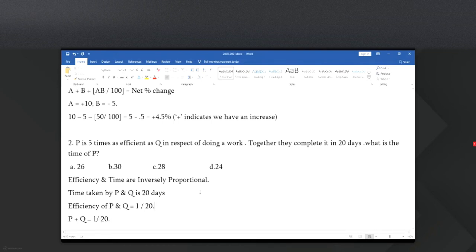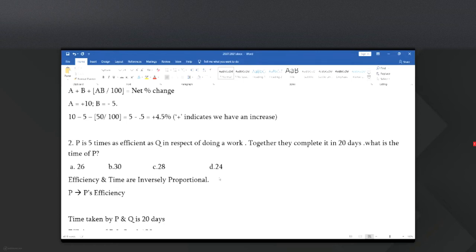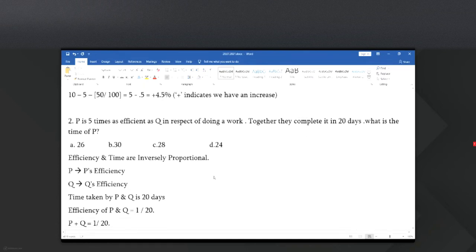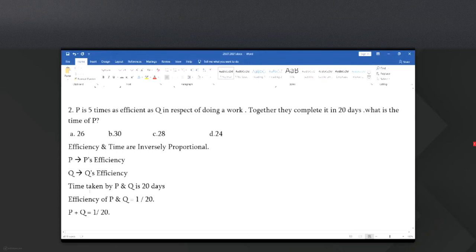I take P as the efficiency of P, and Q here represents Q's efficiency. So when I know the time taken by P and Q is 20 days, the efficiency of P and Q is 1 by 20.